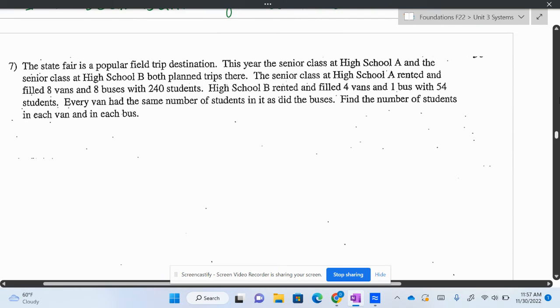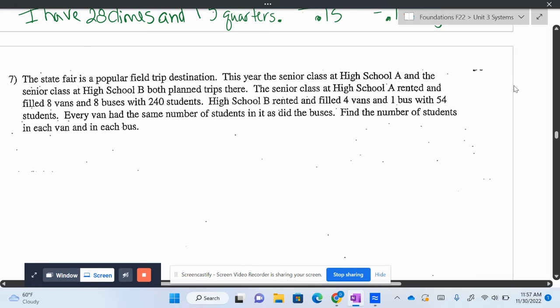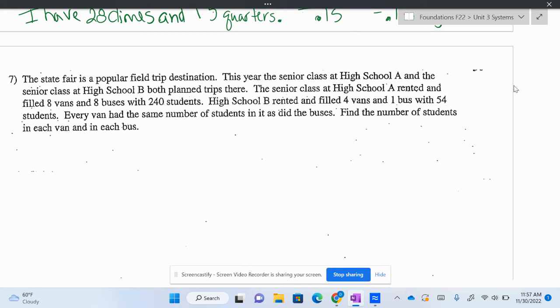So this is a good question. This is like a CUDA software question, and I know that a lot of your state exams use CUDA software. So they always give you buses and vans, right? One high school takes 8 vans and 8 buses with a total of 240 students. The other high school takes 4 vans and 1 bus, but they're only transporting 54 students.